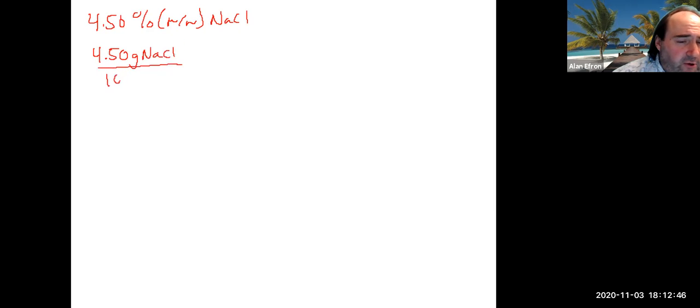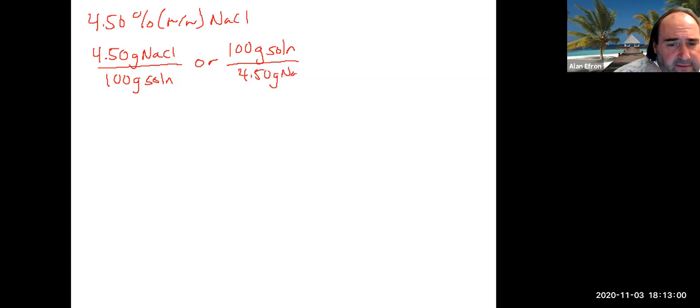So for example, if you had a 4.5% by mass sodium chloride solution, what that would mean is you would have 4.5 grams of sodium chloride in 100 grams of solution. So you could use it as a conversion factor. You also could flip it around and say in 100 grams of solution, there's 4.5 grams of sodium chloride.